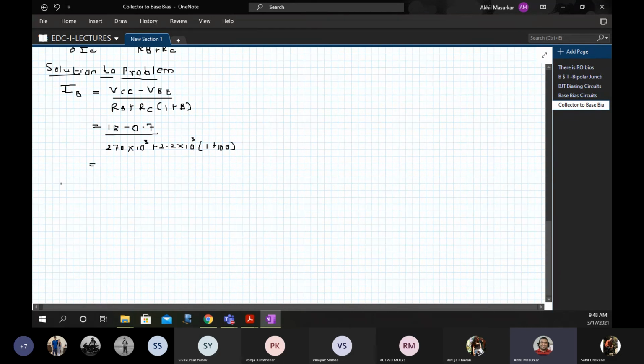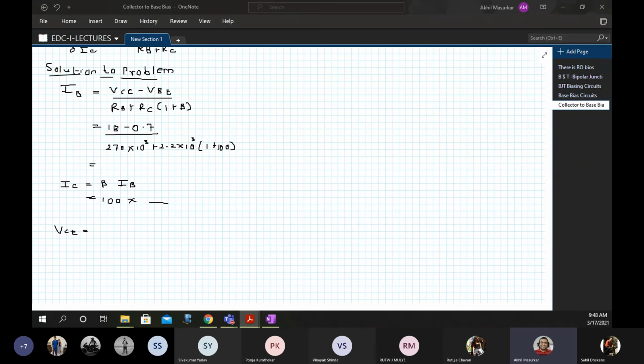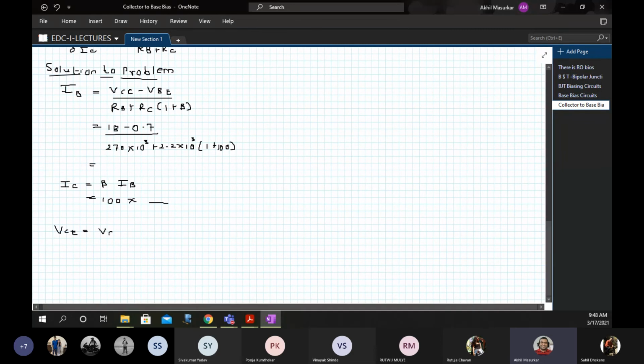So whatever is this value, IC will be beta times IB, that will be 100 into this value, and then VCE is equal to VCC minus IC plus IB into RC.